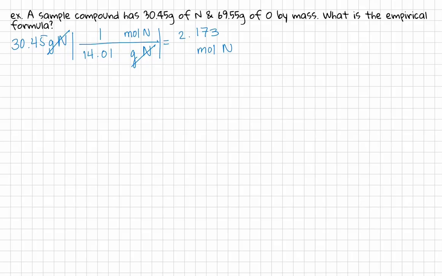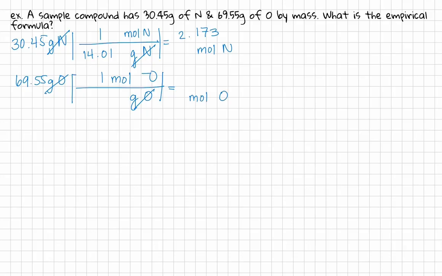Now we're going to do the same thing. We have 69.55 grams of oxygen per the problem. I started with grams at the top, so I'm going to put grams at the bottom, and then I know I can go from mole to gram in a conversion factor of oxygen. So whatever this answer is, it's already canceled out. My answer is going to be mole of oxygen.